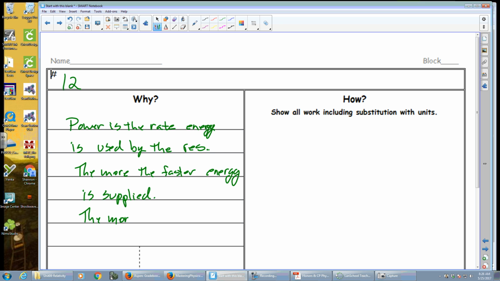The more resistance, the more energy used.